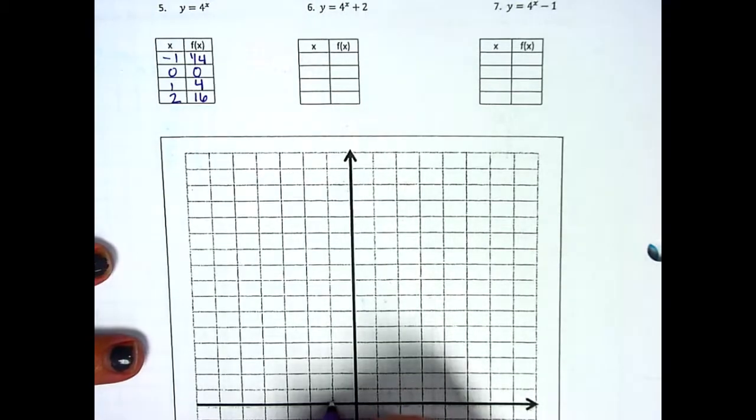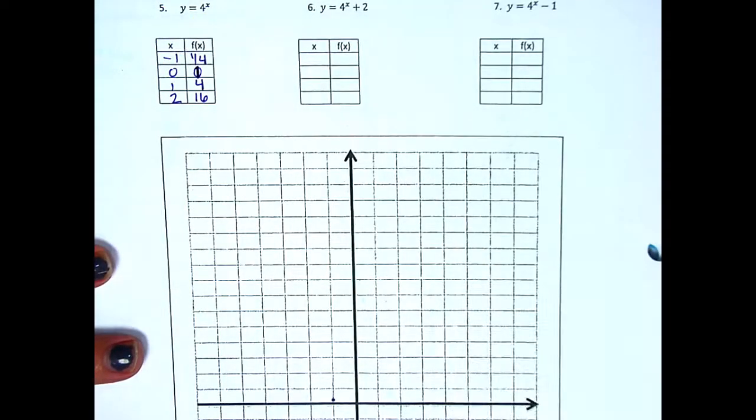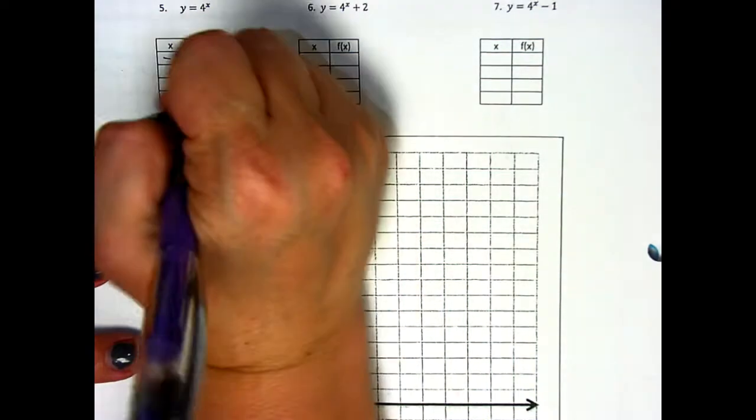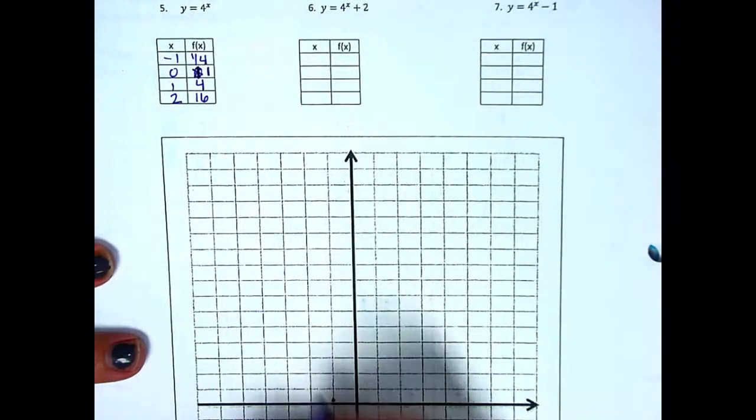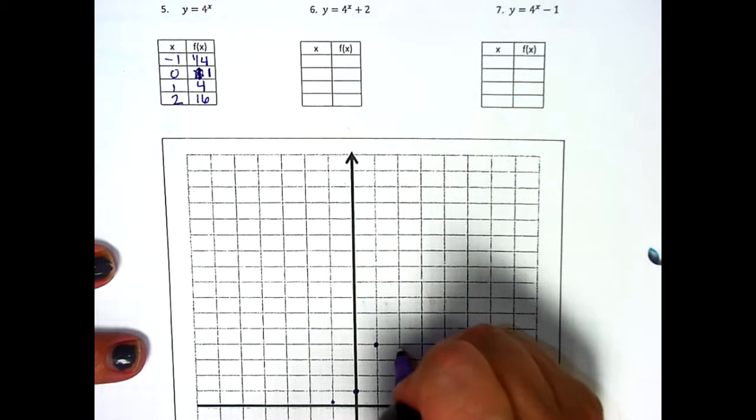So -1, 1/4, 0, oh, and I messed up. I'm sorry. 0 is 1. Anything to the 0 power is always 1. 0, 1, 1, 4, and 2, 16.